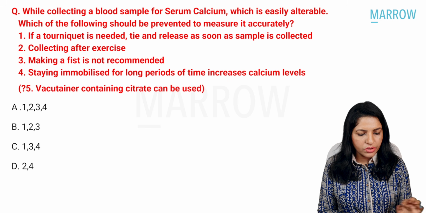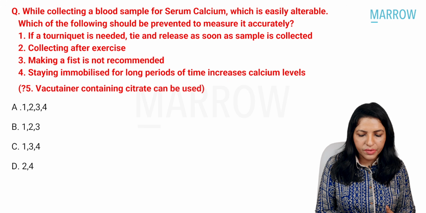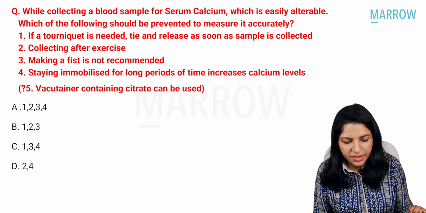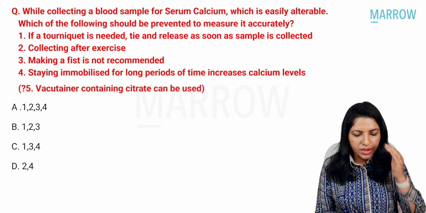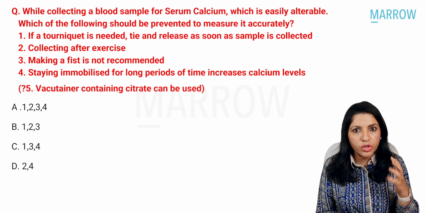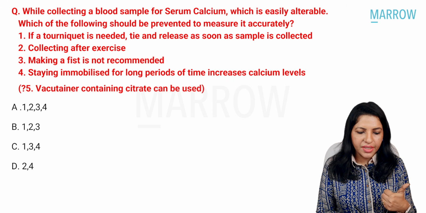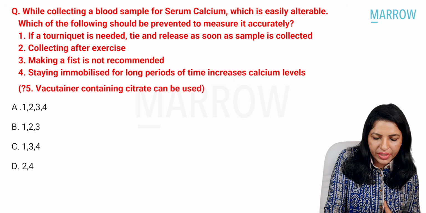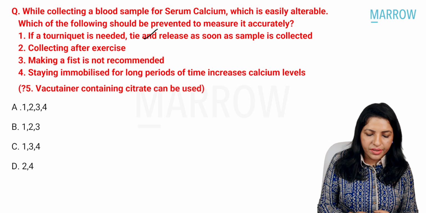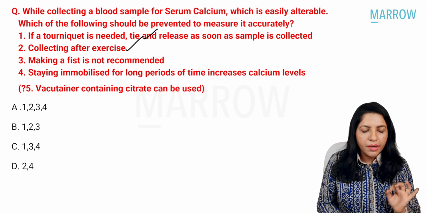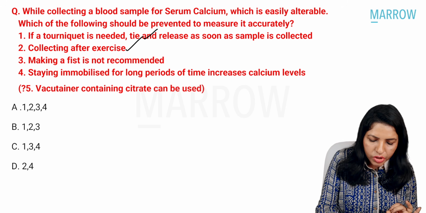So now we'll go back to the question. While collecting the blood sample for serum calcium, which is easily alterable, which measures should be prevented to measure it accurately? Tourniquet use, yes, if possible it should be prevented, right? Collecting after exercise, yes, it should be prevented. Making a fist is not recommended, so it should be prevented.